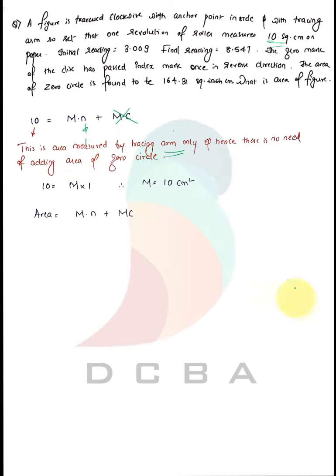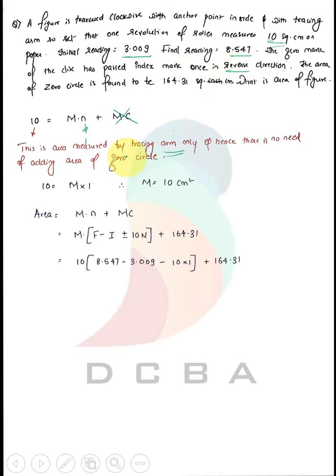Now we will be adding the area of zero circle when we are finding the total area of the irregular shape. And for that they have given us the final reading, the initial reading, and the number of times the zero has passed, and that is in the reverse direction, right? And the area of zero circle they have directly given us as 164.31.